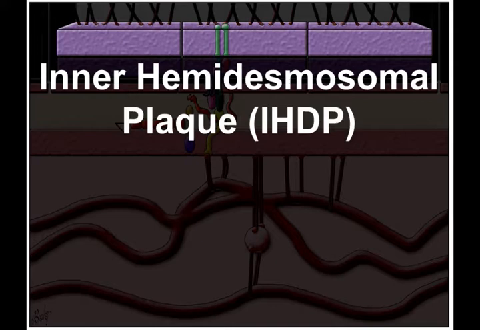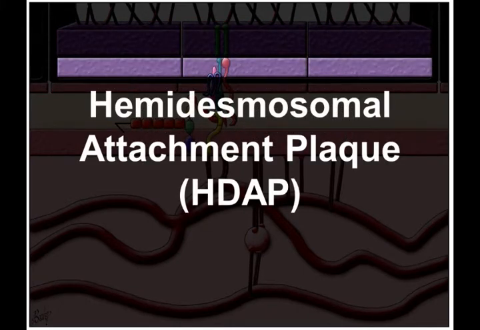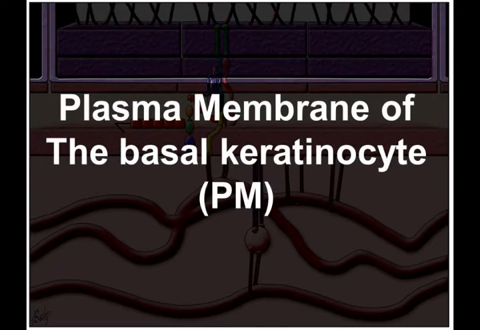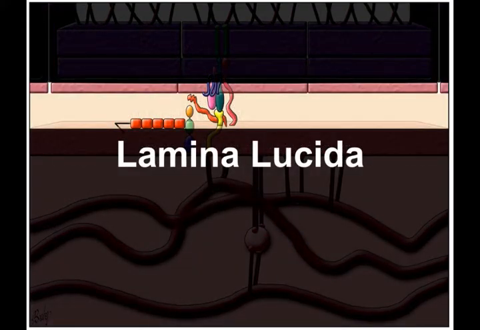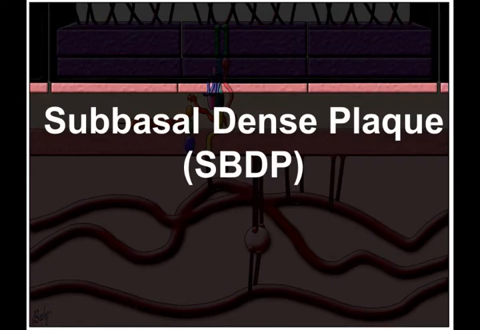Then there's the inner hemidesmosomal plaque, the hemidesmosomal attachment plaque. The plasma membrane of the basilar keratinocyte. Below that, the lamina lucida. The subbasal dense plaque.